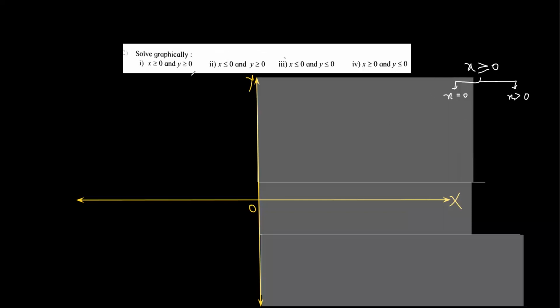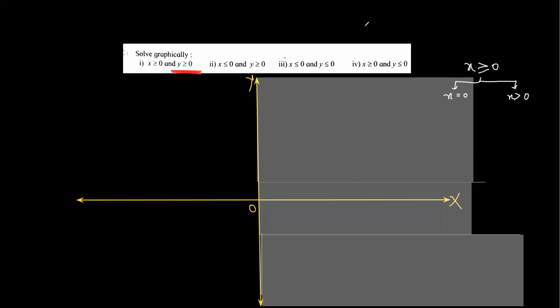Is this over? No. See what they have given. They are saying "and". They want those set of points which satisfy this condition and this condition, both conditions simultaneously. So I have still got only x greater than or equal to 0. I want y greater than or equal to 0.